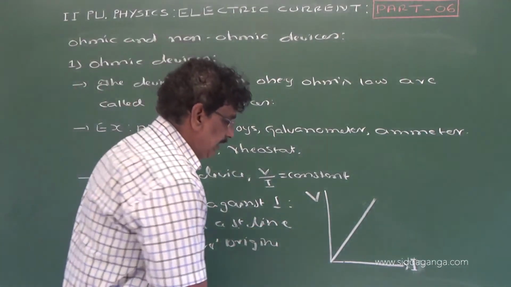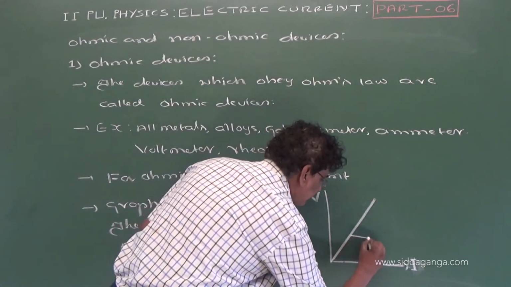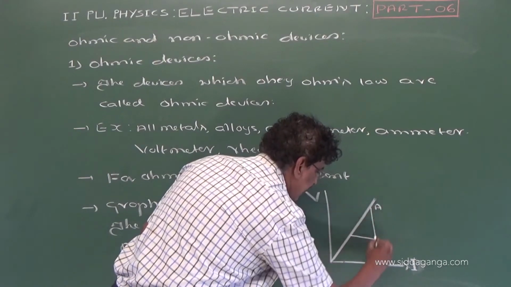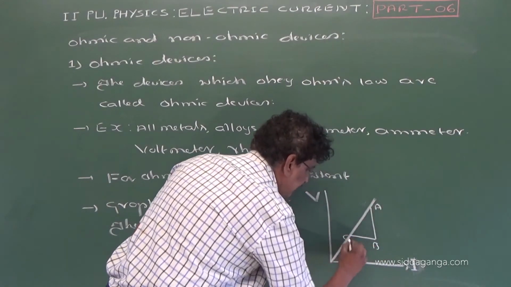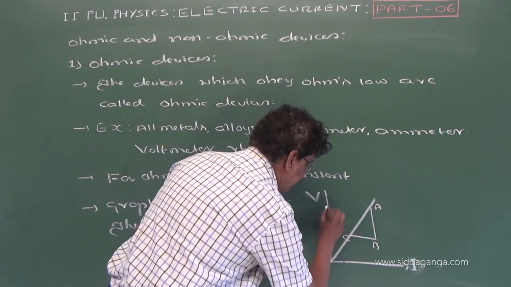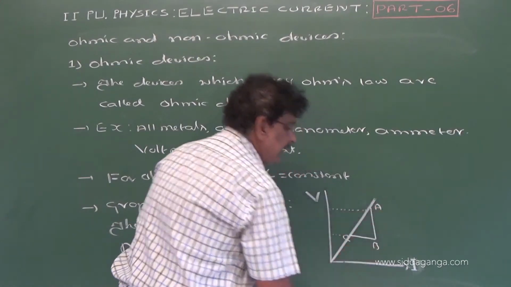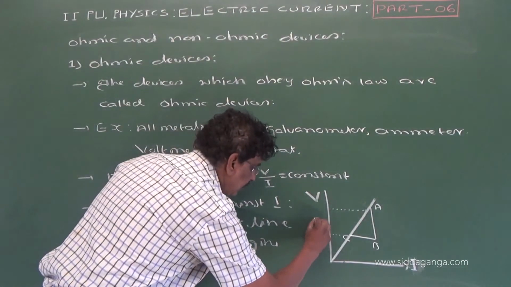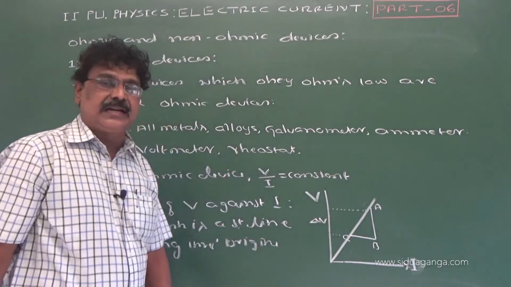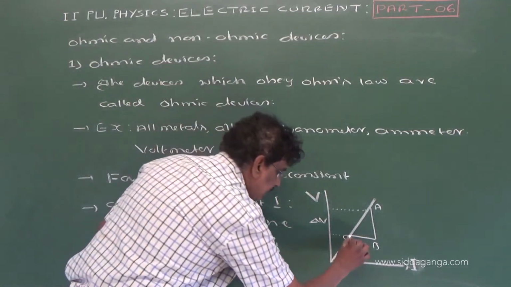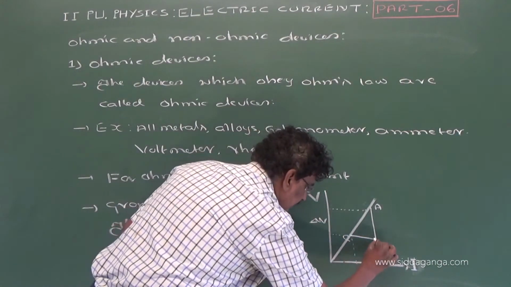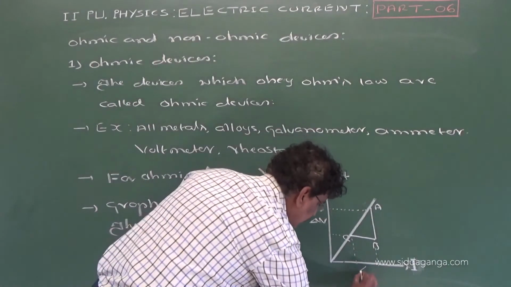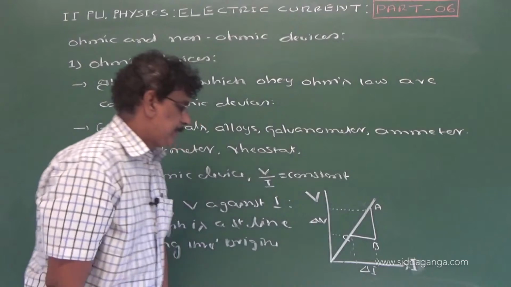If we take the slope of this graph, say A, B, C, this AB represents the change in potential difference, delta V. This BC represents the change in current, delta I.